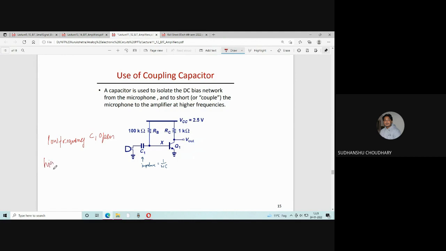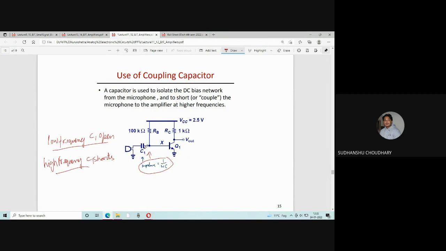And for high frequencies, the impedance is negligible. This impedance is negligible at high frequency, or it represents a short. So this represents a short at high frequencies, and at low frequency it represents an open circuit.